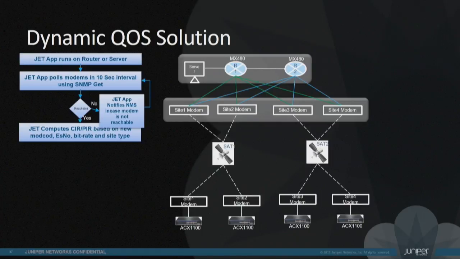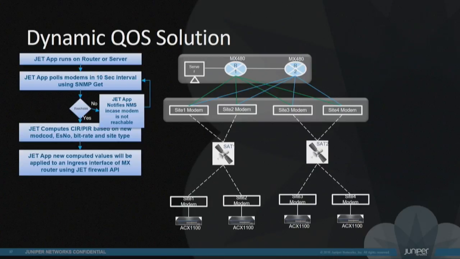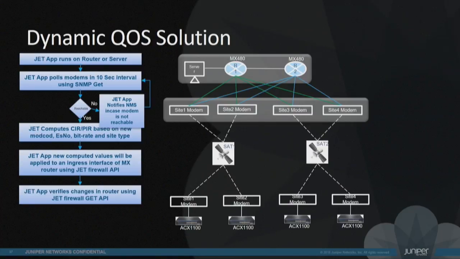All right, so if it can get to it, what it does is it retrieves the information and it calculates the new CIR and PIR based on that mod cod and a few other items, only if they've changed. If they haven't changed, it doesn't have to do anything. The new computed values will be applied to that ingress interface that's specified in that configuration file.